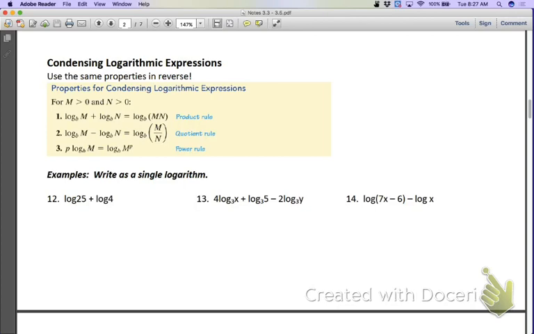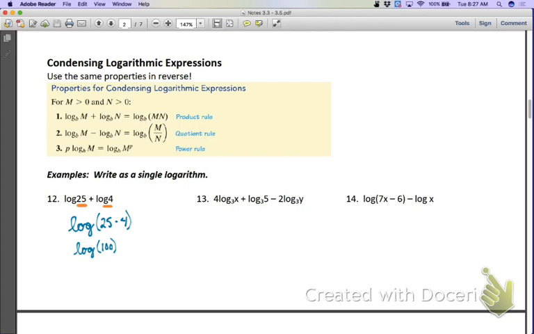So if I have log of 25 plus log of 4, I'm going to rewrite this. It's a plus, so what am I going to do with the 25 and the 4? I'm going to have log of 25 times 4, which is really what? Log of 100. Now, again, not sure what they are going to want as far as an answer.